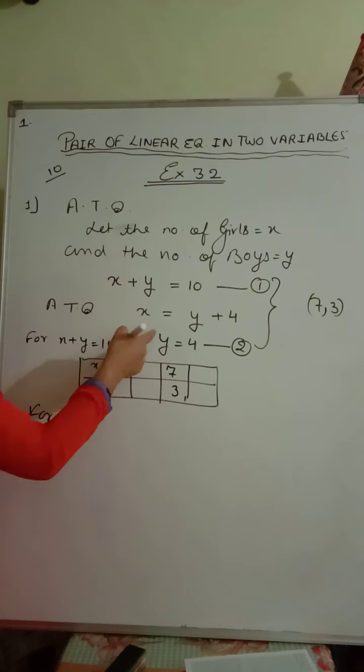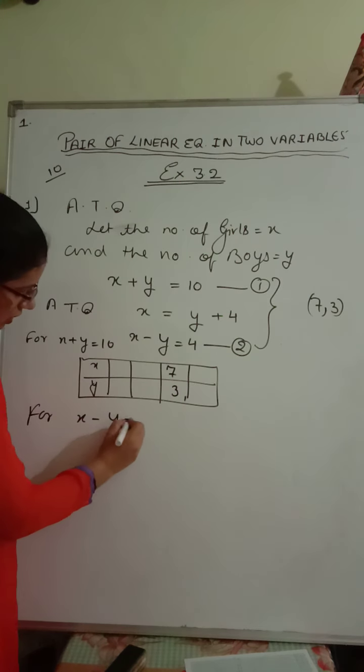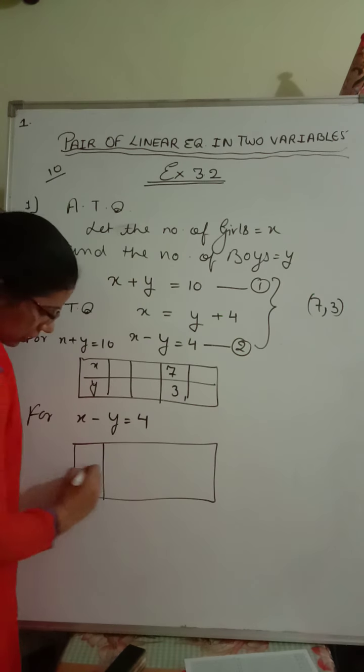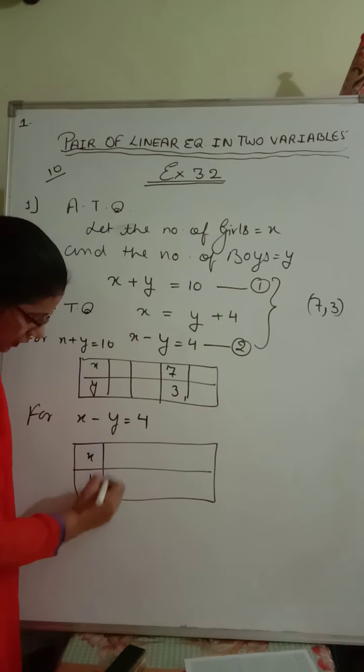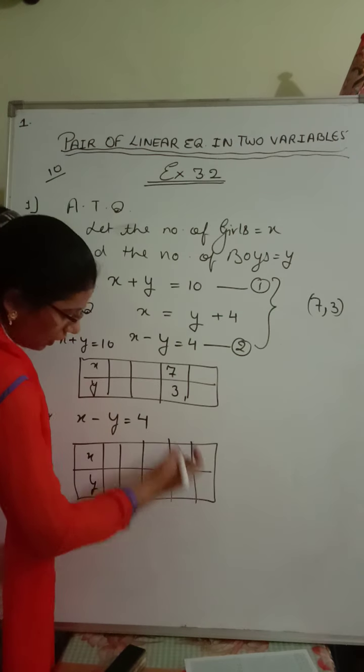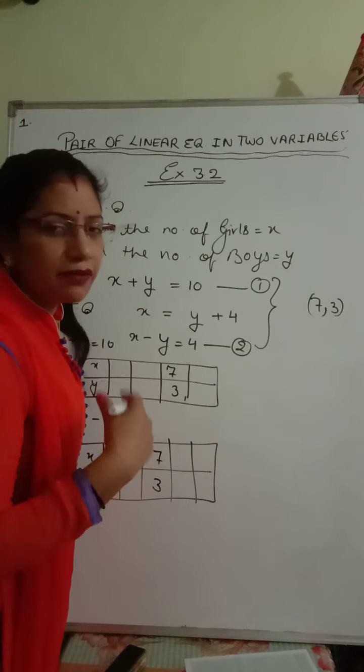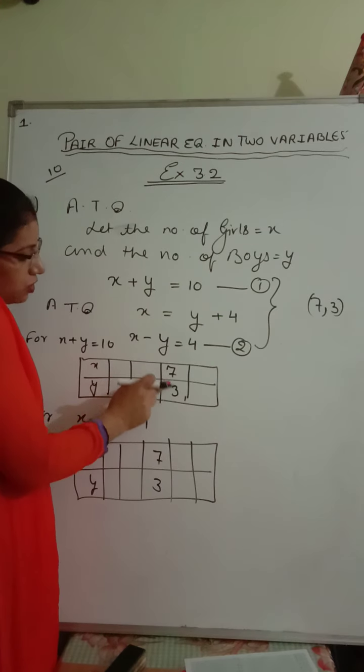For the second equation, x minus y equals 4, again we will draw one table, and one of the solutions is 7 comma 3. Other points we will take on our own.